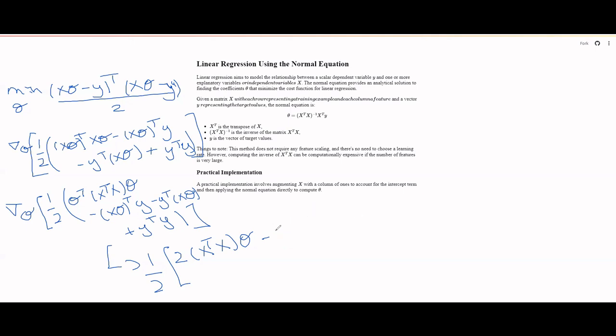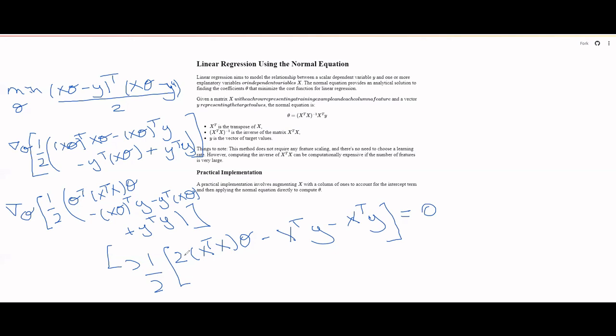So it's going to be minus x transpose y because it's the theta transpose. So you just get rid of it and the x becomes x transpose. Here, because you only have theta and you don't have theta transpose, you have to transpose the other things. So you are also going to get minus x transpose y. And this term doesn't depend on theta, so we just get rid of it. And because we're minimizing, we want this derivative to equal 0.